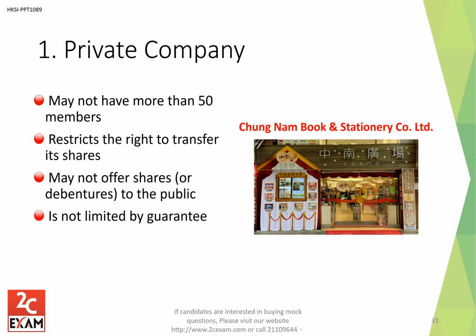Moreover, private companies are not guarantee companies. What is a guarantee company? Will be discussed later. Are there any examples? For example, there is a well-known stationery company called Changnam Book and Stationery Company Limited. It used to have a large store on Sai Yung Choi Street South, and the boss's surname was Sure. This company is a private company.